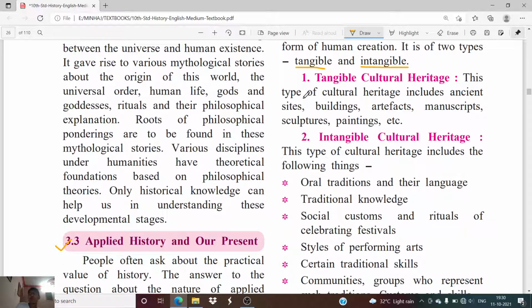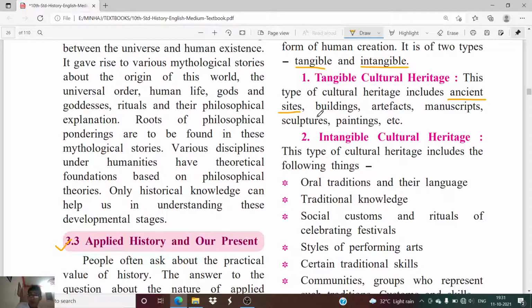So what is tangible cultural heritage? This type of cultural heritage includes ancient sites, buildings, artifacts, manuscripts, sculptures, paintings, etc. For example, ancient sites like Harappa, Dholavira, or Mehrgarh are important.